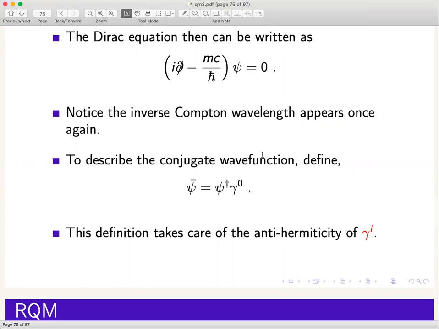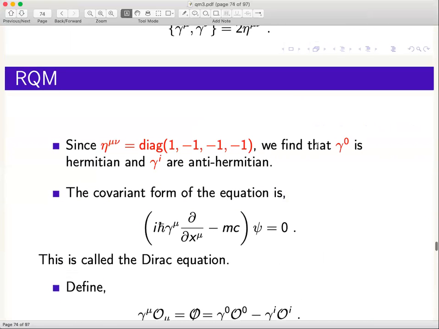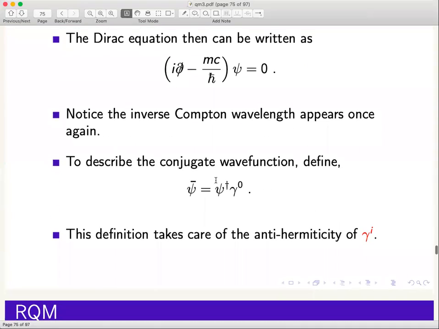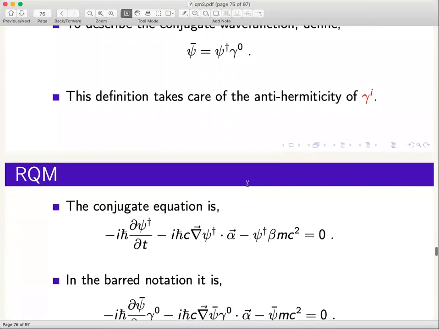Okay, the conjugate wave function to ψ is actually written as ψ dagger γ^0, and this γ^0 essentially takes care of the anti-hermiticity of γ^i. So that is one way of explaining why you would want it this way.